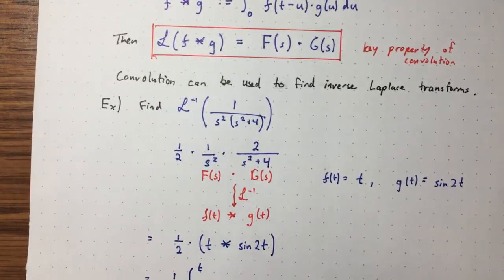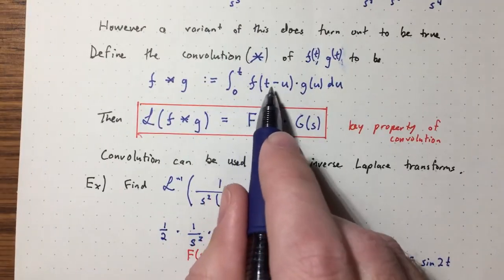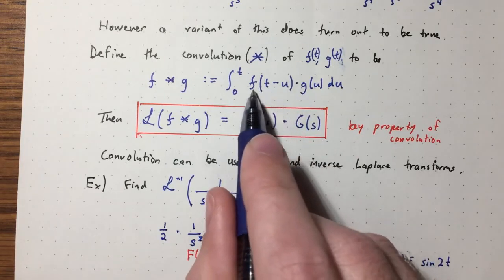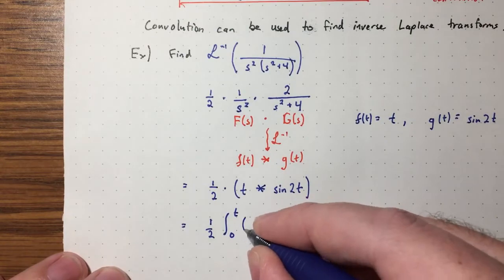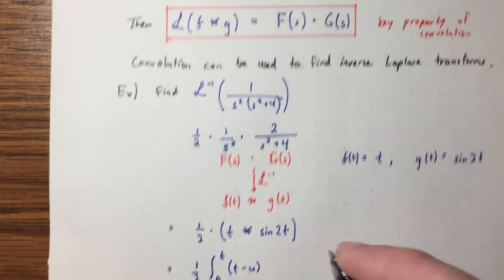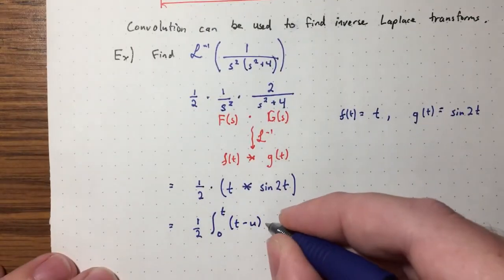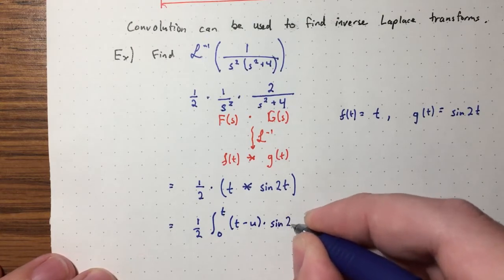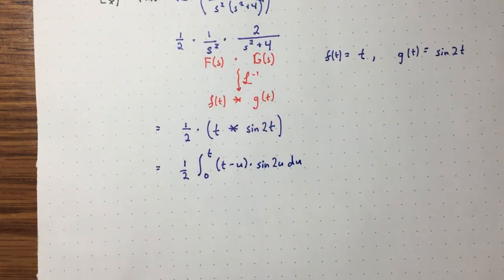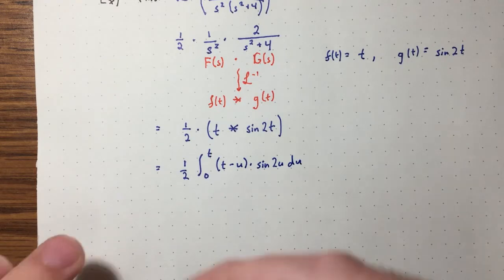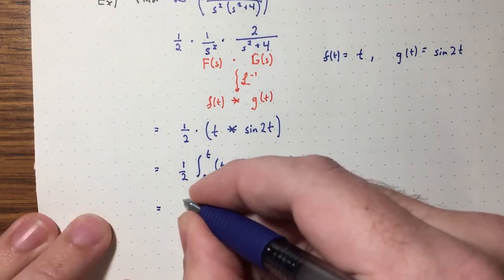But let's say t is my function f. So what do I need to write here? For f of t minus u, every time I see a t, I need to replace it with t minus u. So I have t minus u times g of u, so sine of 2u du. And I need to evaluate this integral now. Okay, so how would we evaluate this integral?